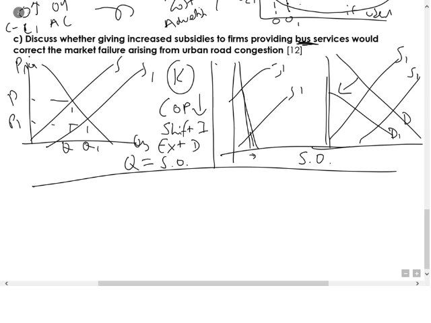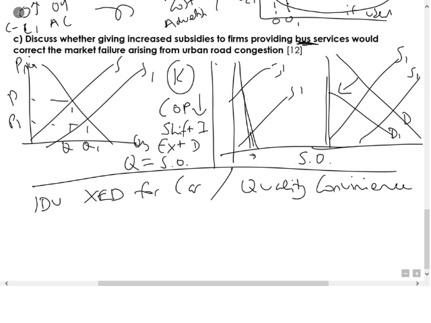What you could evaluate is it depends upon the cross elasticity of demand for cars, and it might not just be about price, it might also be about quality and convenience. So cars are more able to get you to your destination, and also to an extent the experience on cars may be a higher quality than buses.